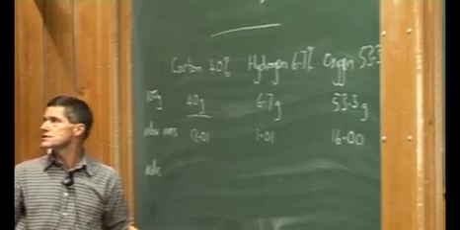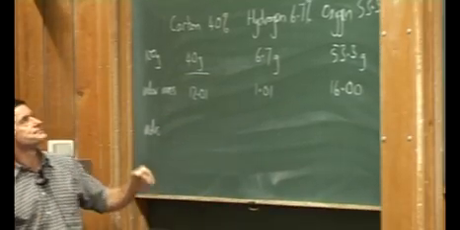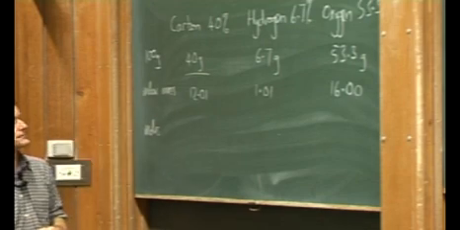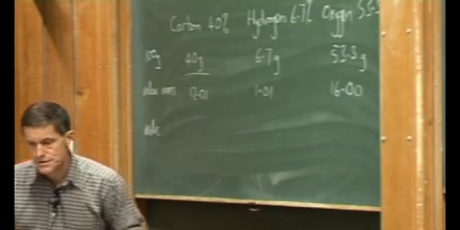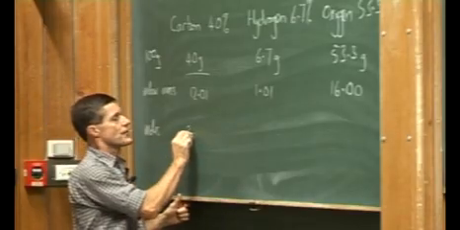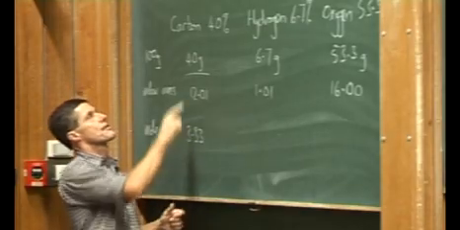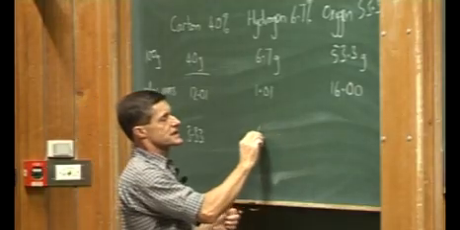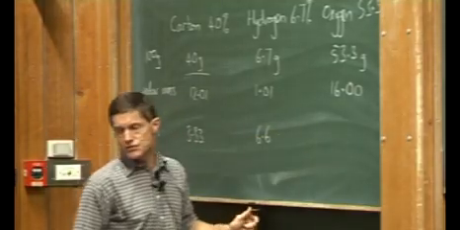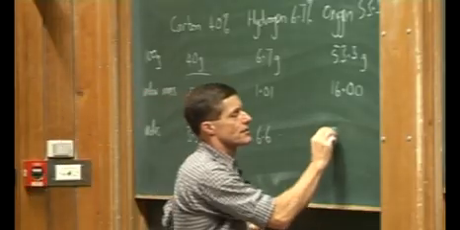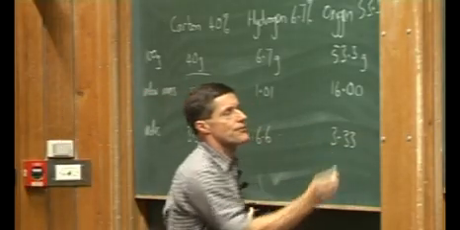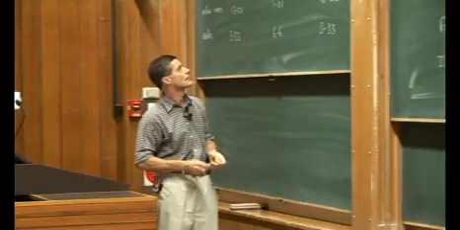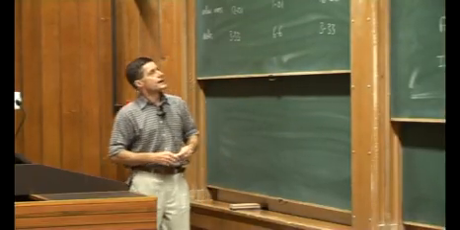So the number of moles of each of these types of element in my 100 gram sample works out to be 3.33 moles of carbon, 6.6 moles of hydrogen, and 3.33 moles of oxygen.